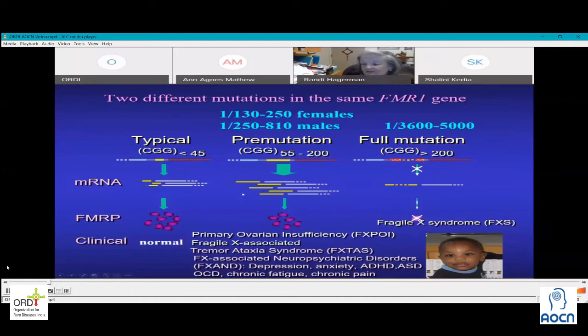But the excess messenger RNA produces several medical problems in many individuals with the pre-mutation, including early menopause or FXPOI for women, meaning that they have menopause early, before age 40.